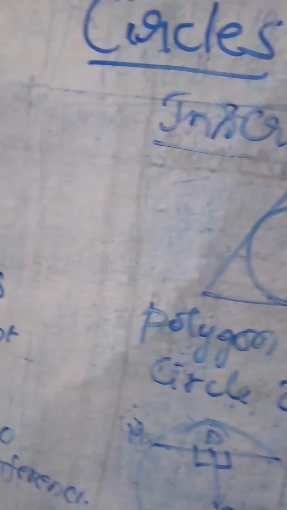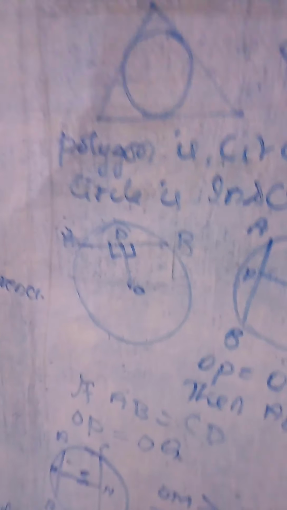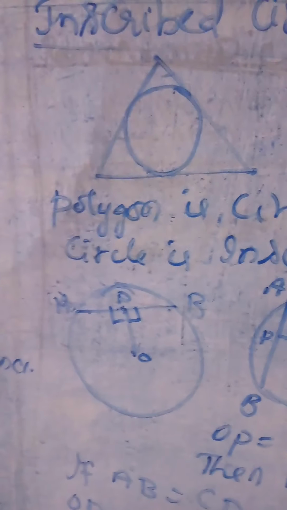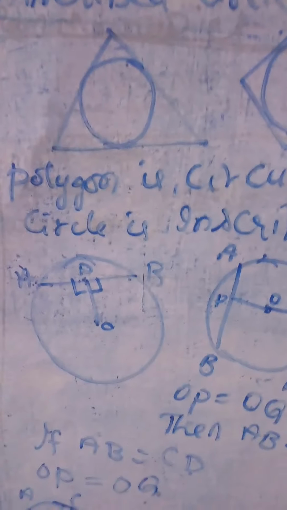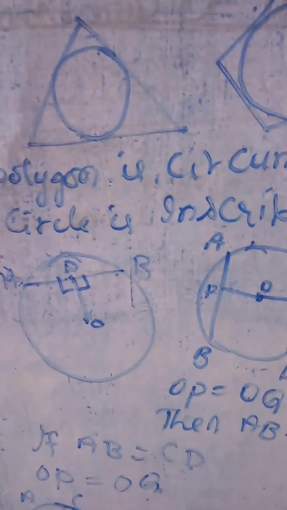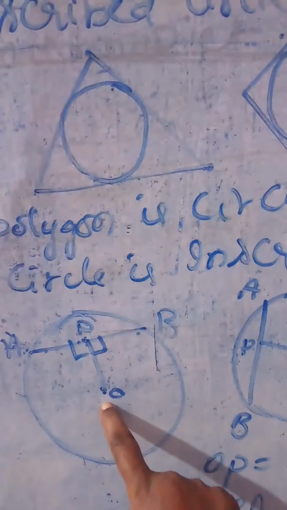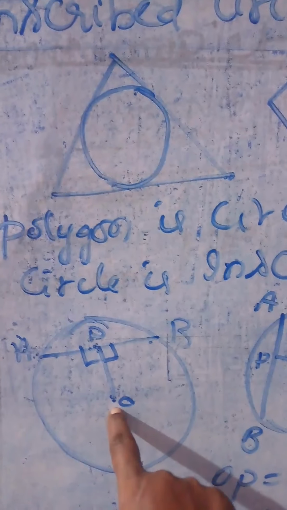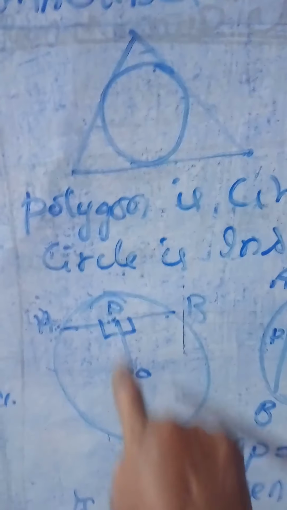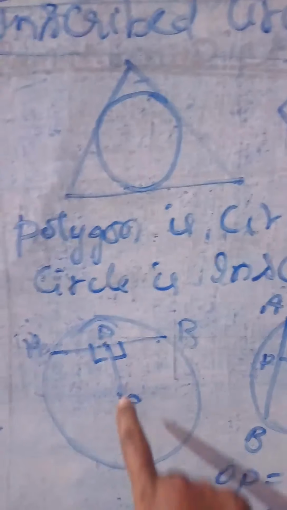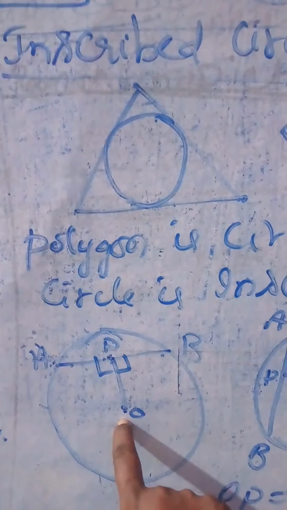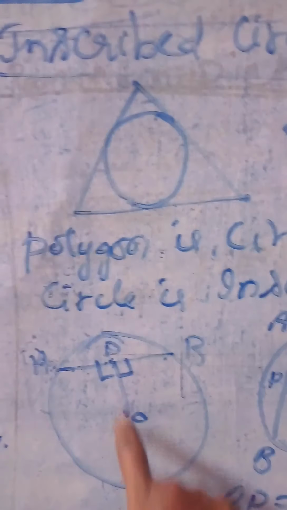Next we'll try to recollect what we learned in 9th standard. In 9th standard you learned about a chord and the center of the circle. Here AB is a chord and O is the center of the circle. When you draw a line from the center to the chord, OP, this is perpendicular.